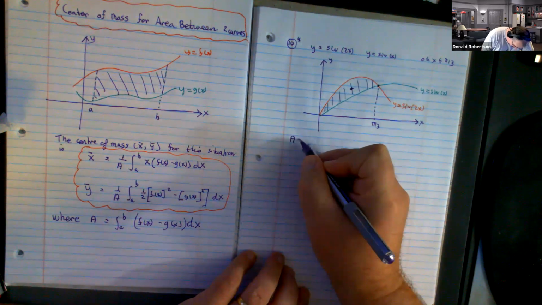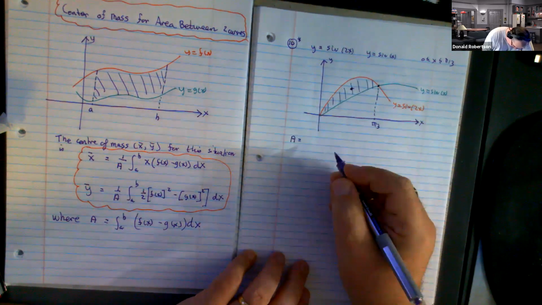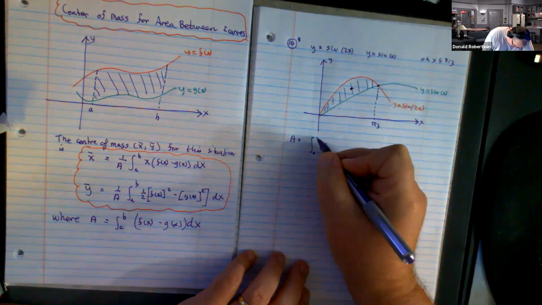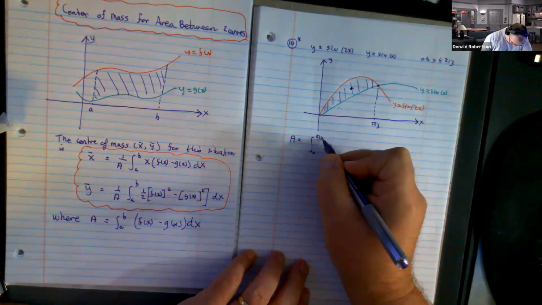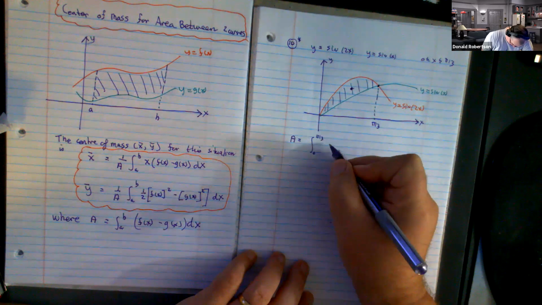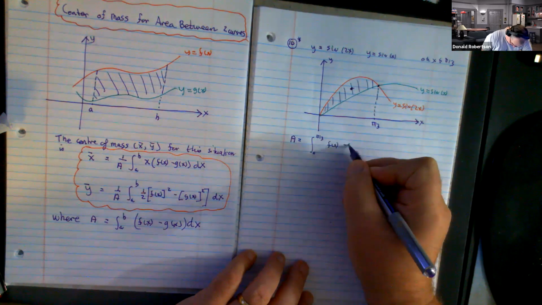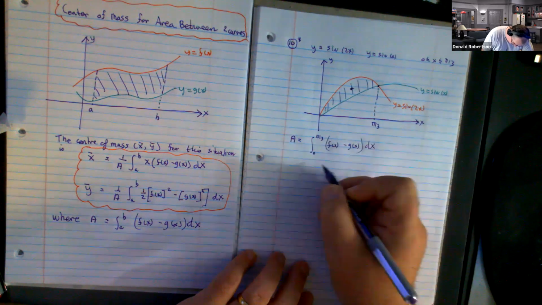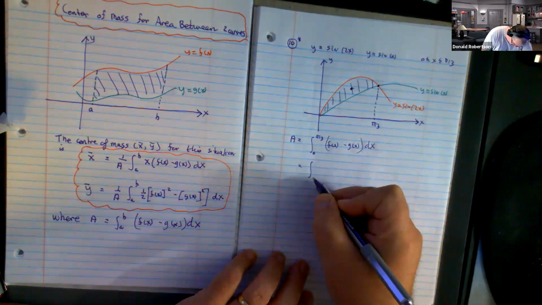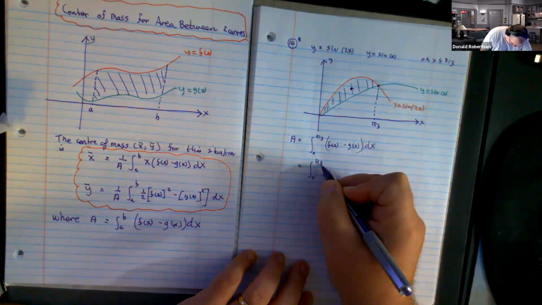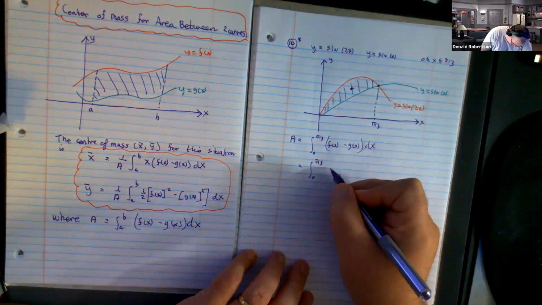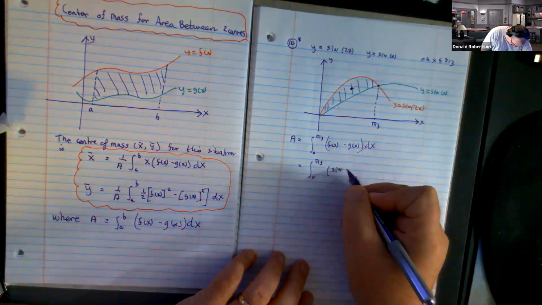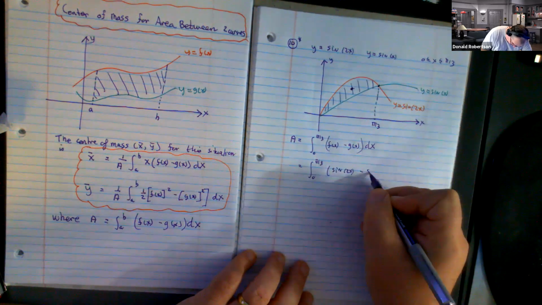So A is going to be the area between that shape, the integral from 0 to pi upon 3 of f of x subtract g of x dx. So it's going to be the integral from 0 to pi upon 3 of the sine of 2x subtract the sine of x.